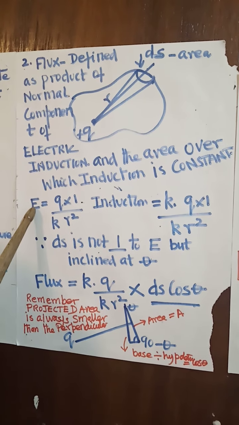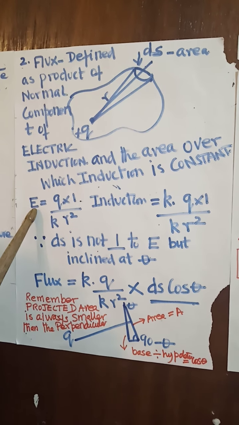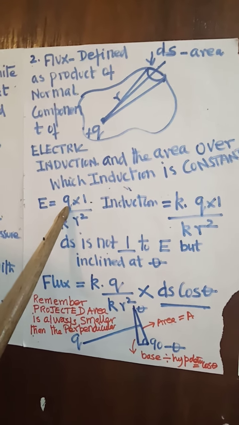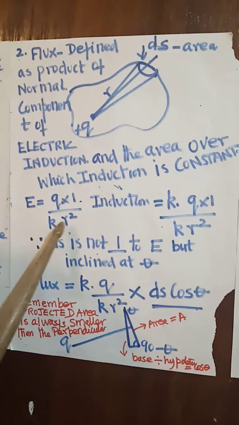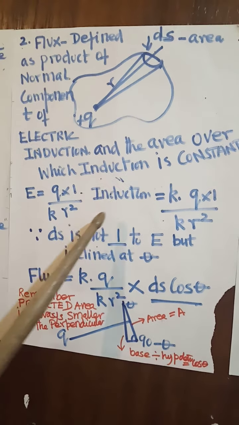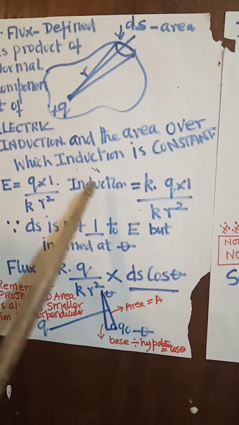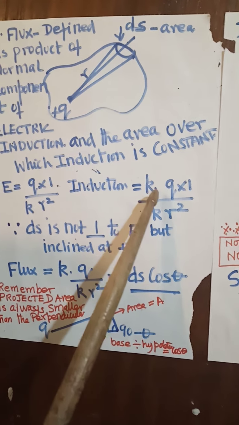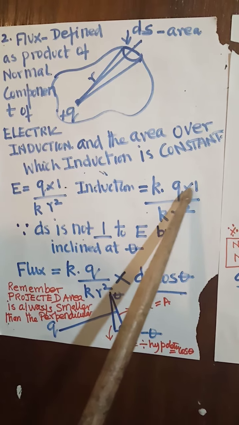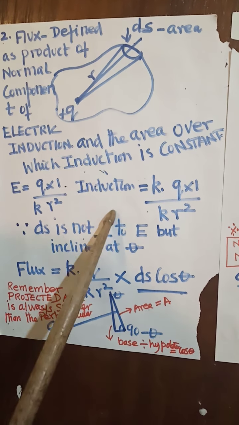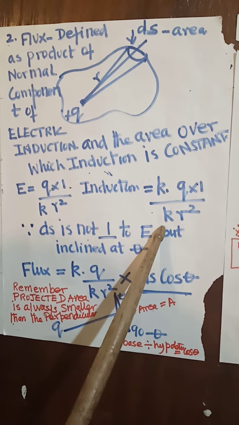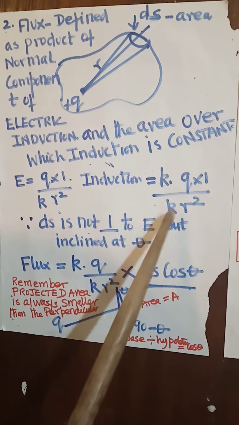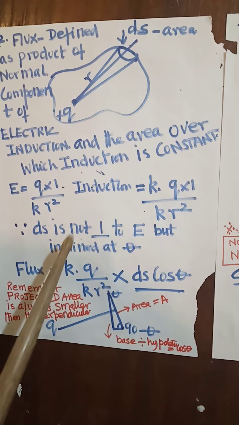Electric intensity is Q into 1 coulomb by K R square. For induction, you only need to multiply E by the dielectric constant. So K Q into 1 by K R square. So K cancels. So in electric induction, K is never there. Remember, Q by R square.